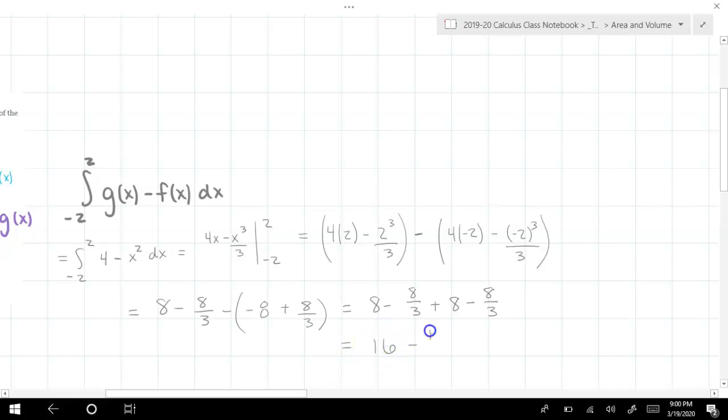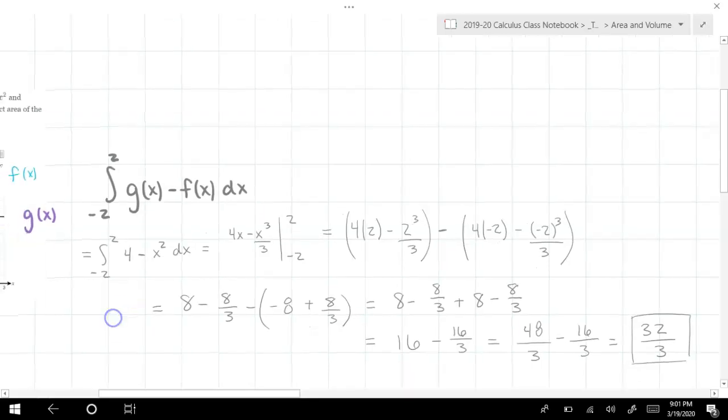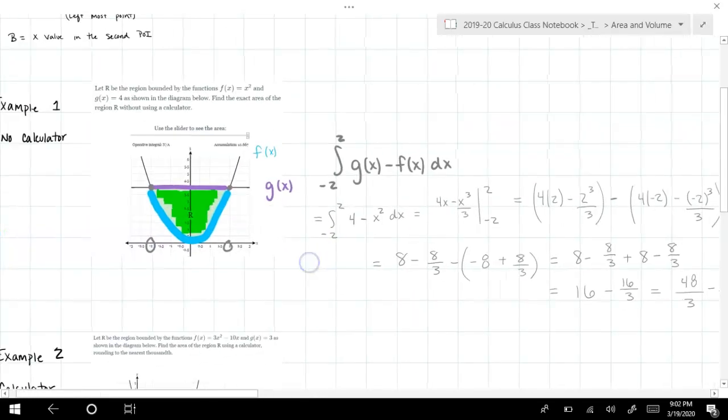So we have 16 minus 16/3. Make 3 my common denominator. 16 times 3 is 48. Minus 16/3, so that leaves us with 32/3 is the area of region R. So top curve minus bottom curve from the leftmost x value in the point of intersection to the rightmost x value in the point of intersection.